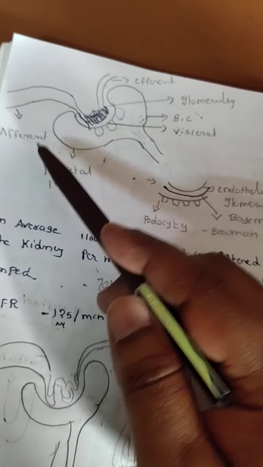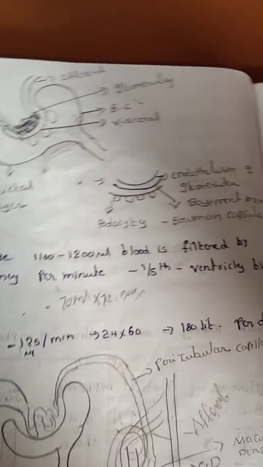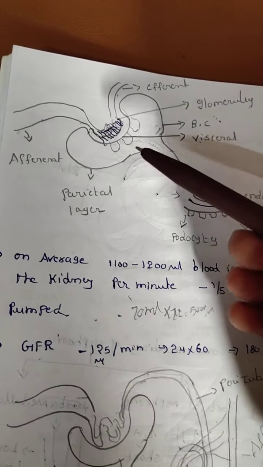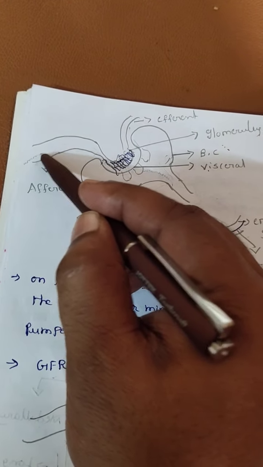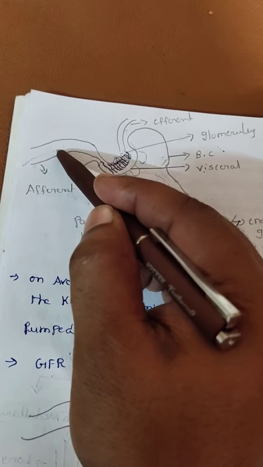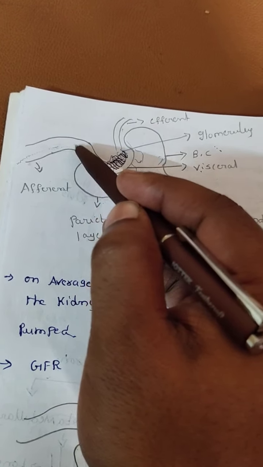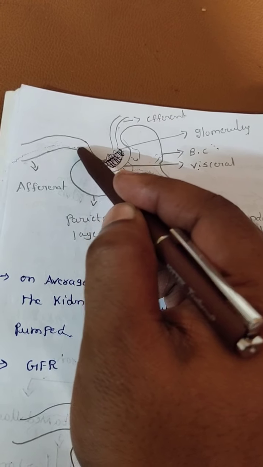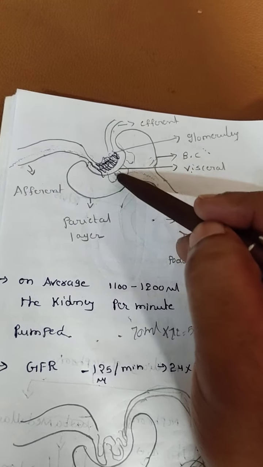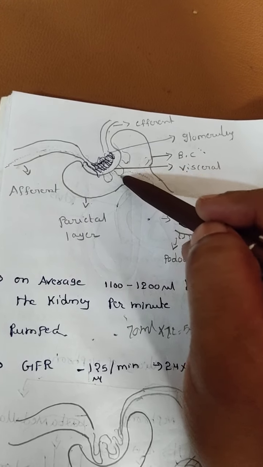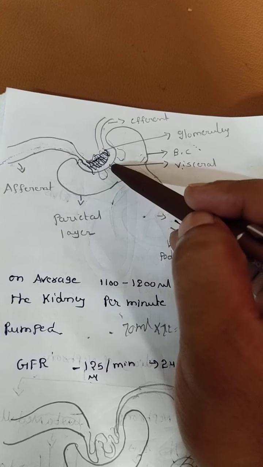Now see, here the blood enters, the blood with waste materials. Here the blood filtration takes place, so we call it glomerular filtration.